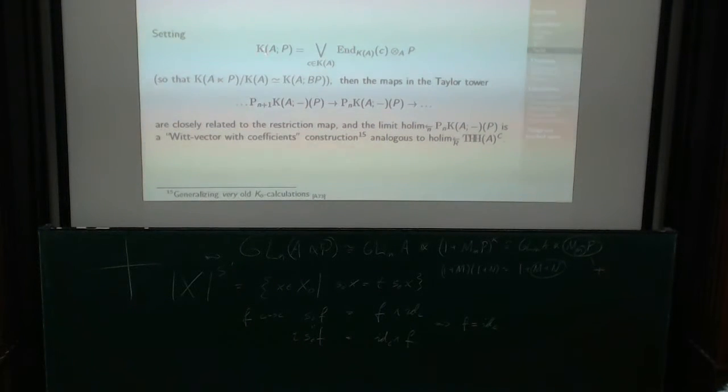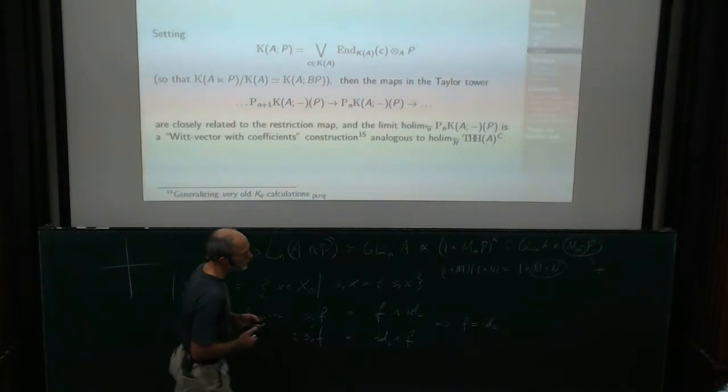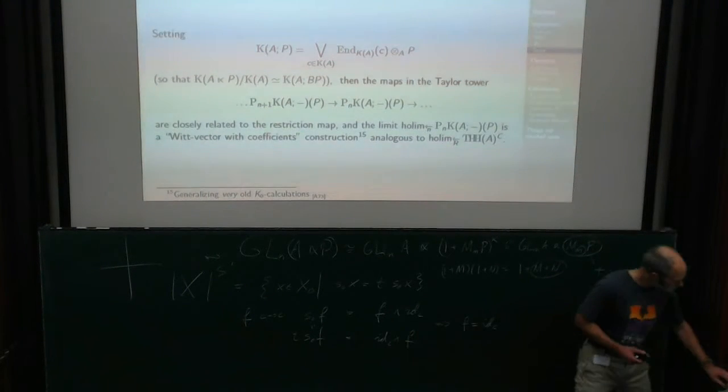He studies K0, that is to say. And he finds that K0 of the category of endomorphisms, so then P is equal to A, is a dense subring of the Witt vectors. Now we're talking about the big Witt vectors.